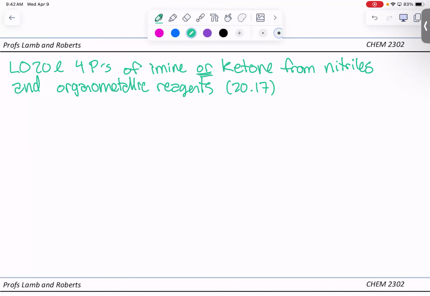Okay, so on our previous mechanism, we saw that our nitrile is electrophilic. We also saw it was a pretty weak electrophile, but we know that organometallic reagents are quite strong nucleophiles, all right? So our learning objective says this is going to be from a nitrile. So let's draw out our nitrile. This is going to be our weak electrophile in this reaction.